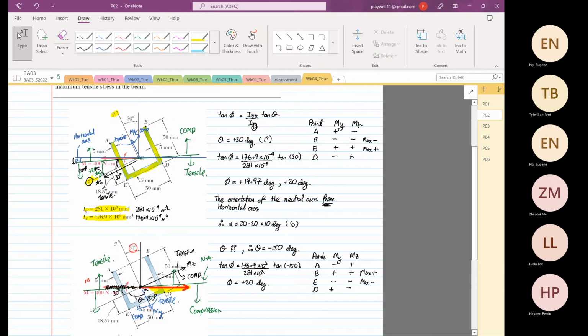So that's why I'm doing this, to clarify any doubt from your end. Anyone, any other question regarding bending moment? It can be anything from the homework. Anyone? I don't hear anything.